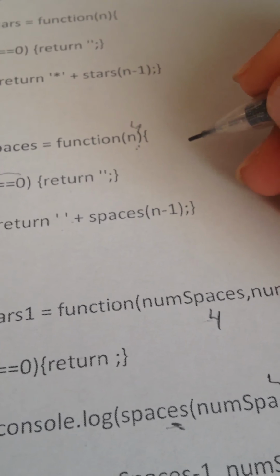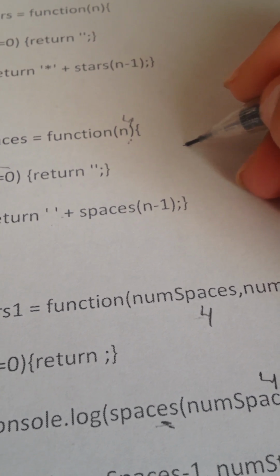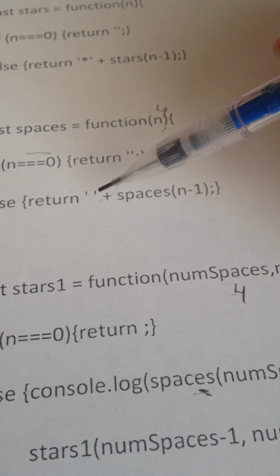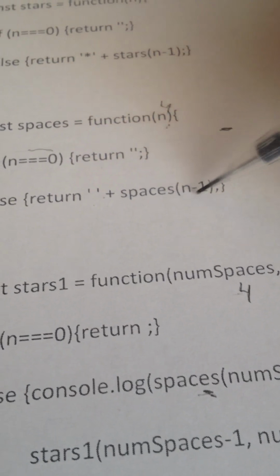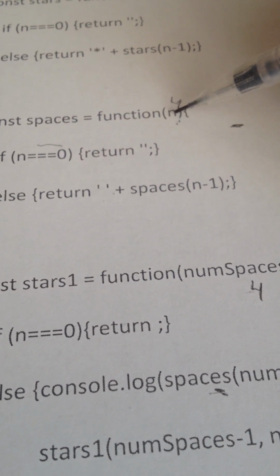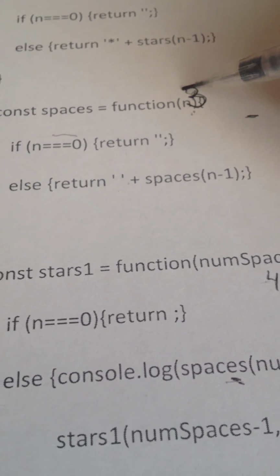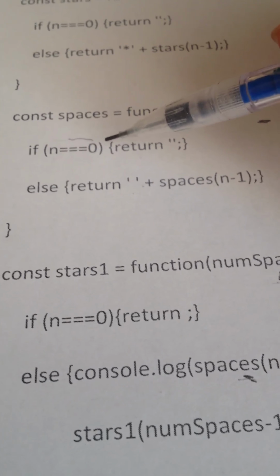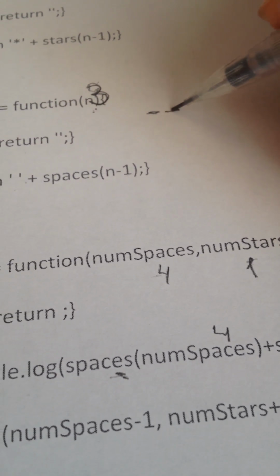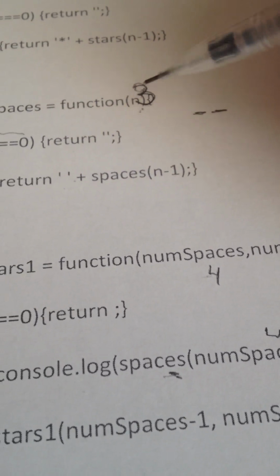So imagine we have a space on the line concatenated with the same function with the argument of 3. So here, since 3 does not equal 0, it is going to return a space again, concatenated with the same function.